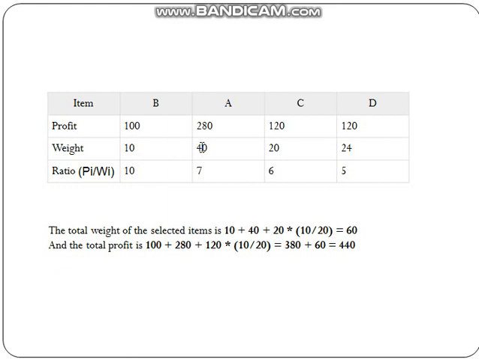Second, when we select the second item A, then the total weight in my bag is 50.